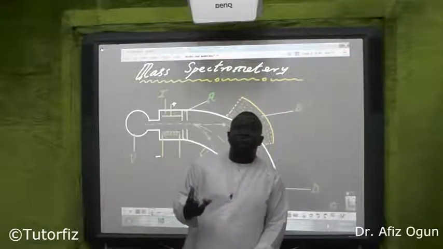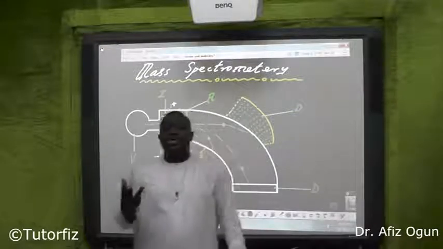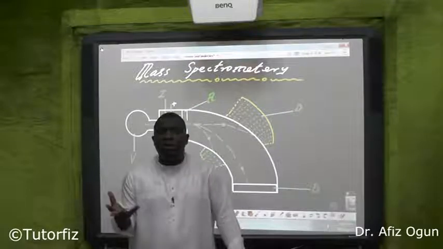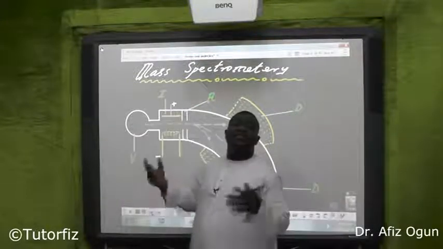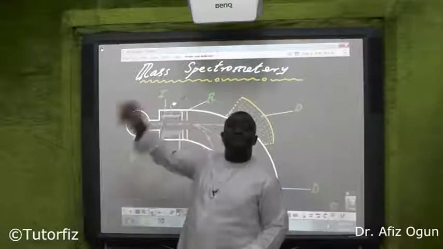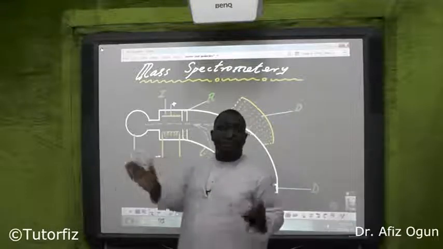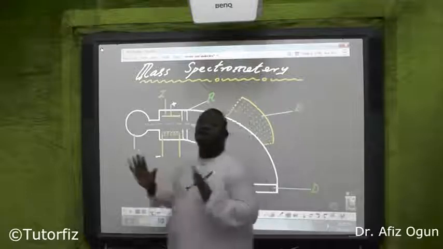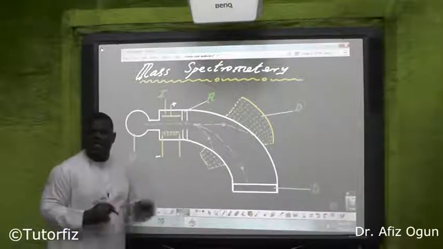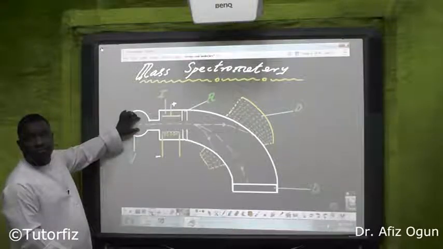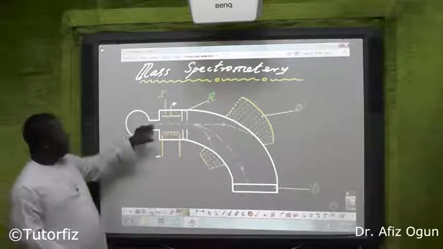If the electrically neutral particle is a molecule, like glucose, you vaporize it and it turns to C6H12O6, millions of them. If it is water, it changes to H2O, H2O, H2O, individual molecules. Let's talk about atoms first. You have your atoms here. It vaporizes and comes out here.